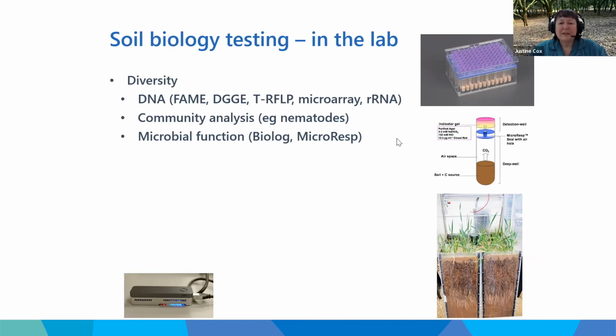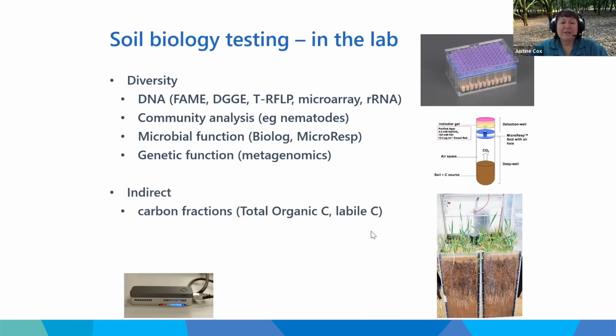So we can separate all of the different molecules and see the pattern. And then there's the genetic function. So going right to the genes and looking at whether we have variation in all the genes responsible for all of these conversions, and that's called metagenomics.